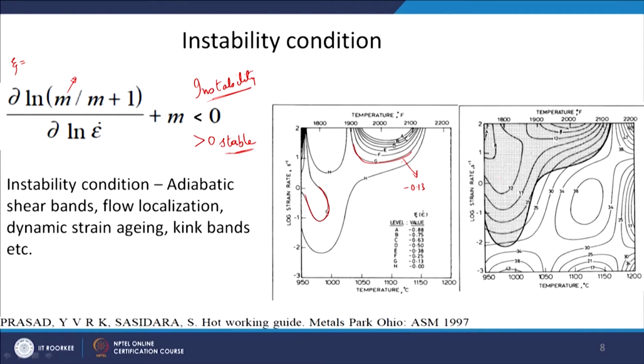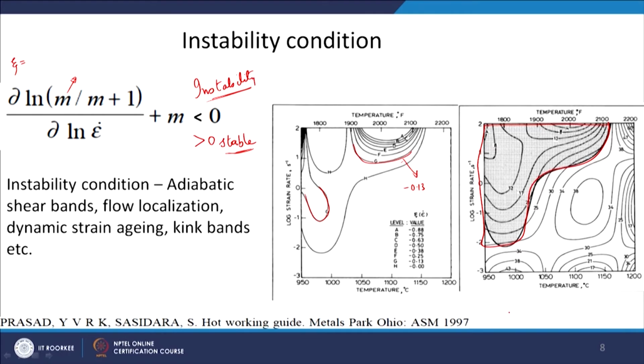So, they have identified this region as the unstable region. Even if you have a high efficiency contour here, we should not do any processing in this shaded region, because that high efficiency may be occurring because of the presence of some defects or some instability in the material.